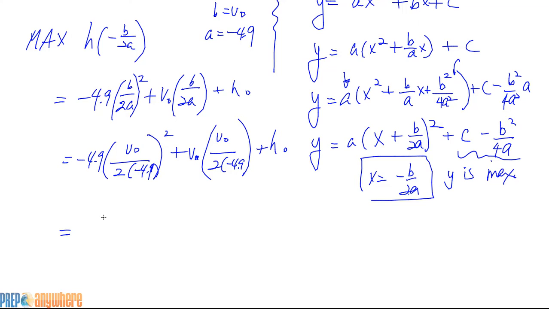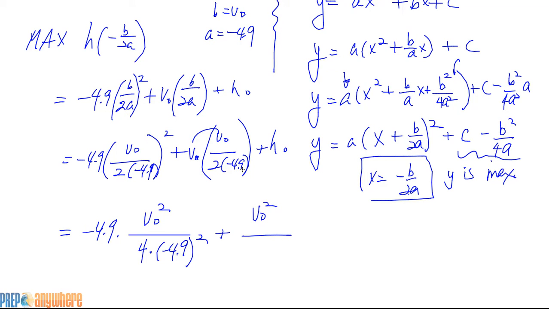So minus 4.9 v0 squared. We have 2 squared, so you get 4, and a minus 4.9 squared. We get v0 squared again. That's going to be a 9.8, minus 9.8.